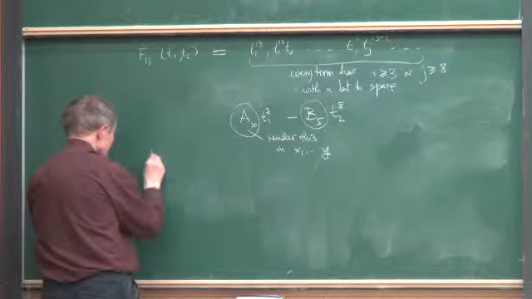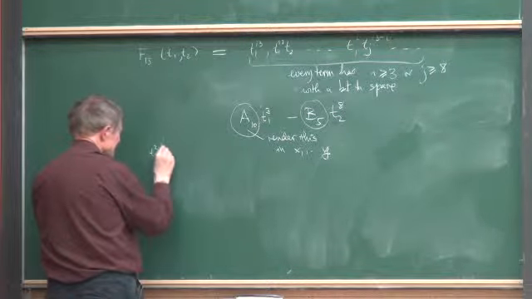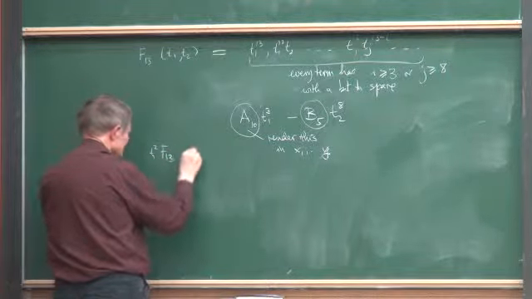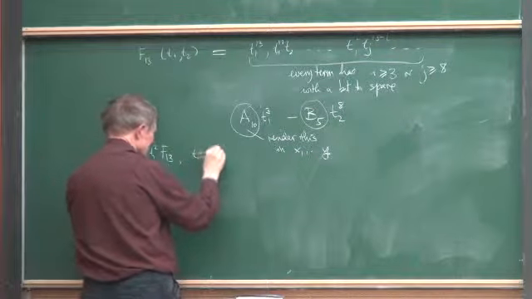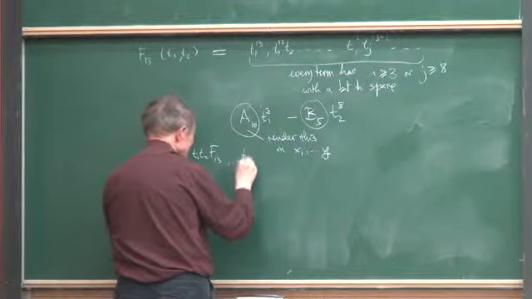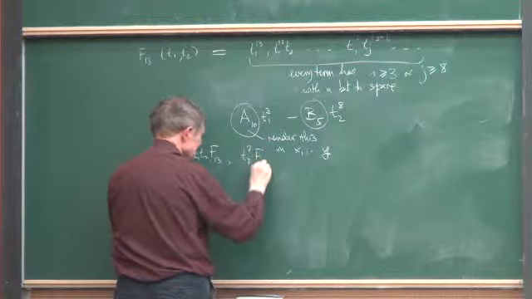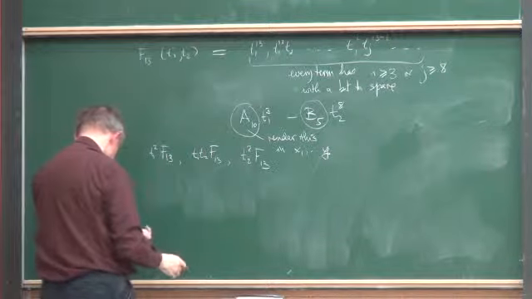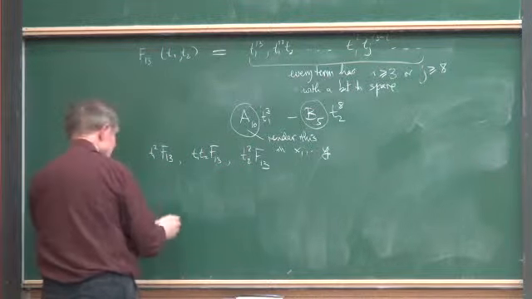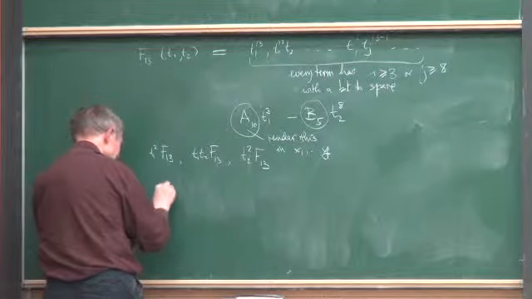So when I do this T1 squared F13, T1 T2 F13, and T2 squared F13, then I have two choices.